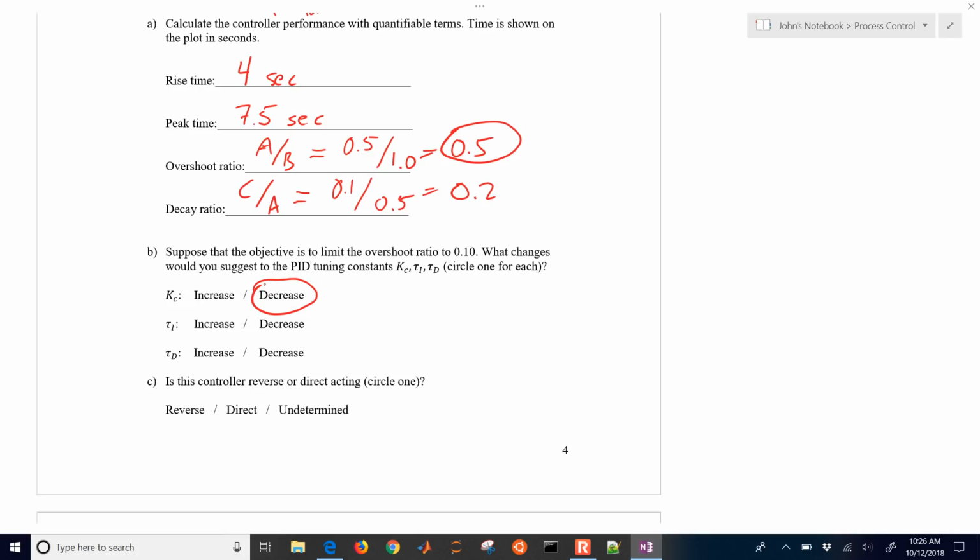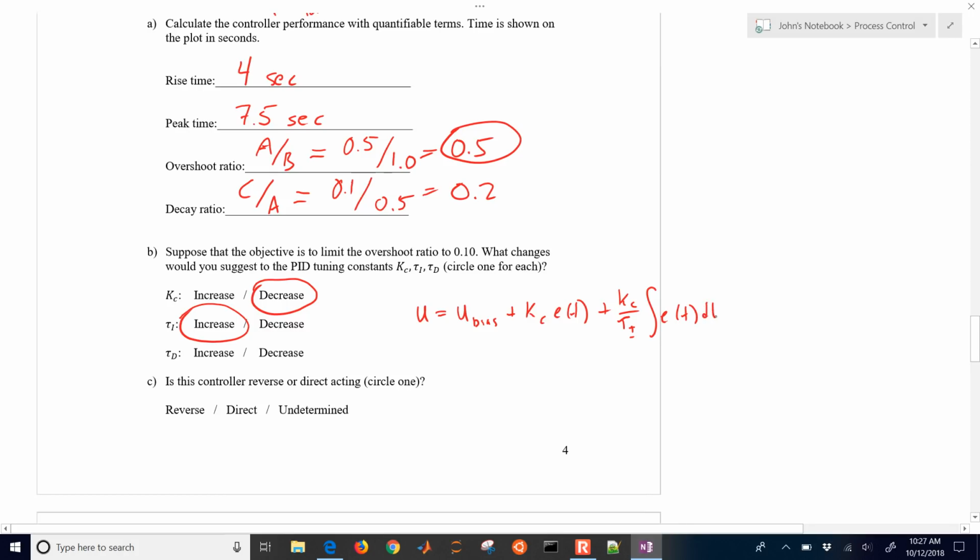Now if we also want to make this less aggressive, we would increase our tau I value. Because in the PID equation, we have Kc times the error plus Kc divided by tau I times the integral of the error minus Kc tau d times the derivative of the PV.